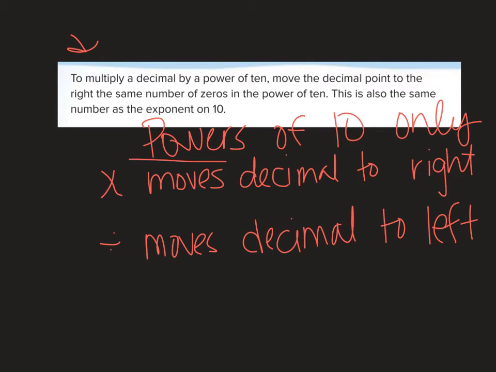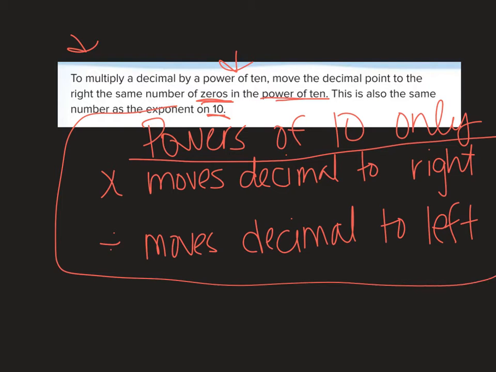Can we use this trick? Let's see. To multiply a decimal by a power of 10, move the decimal point to the right the same number of zeros in the power of 10. This is also the same number as the exponent on 10. So this is like a trick. Write this in your notebook. This needs to get in there.